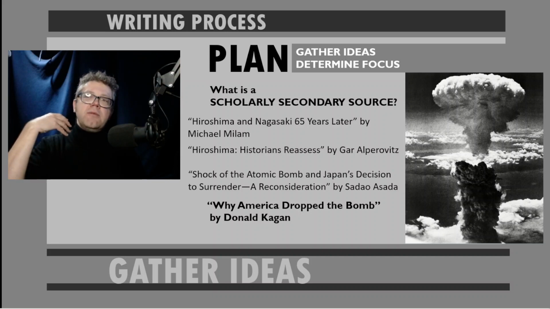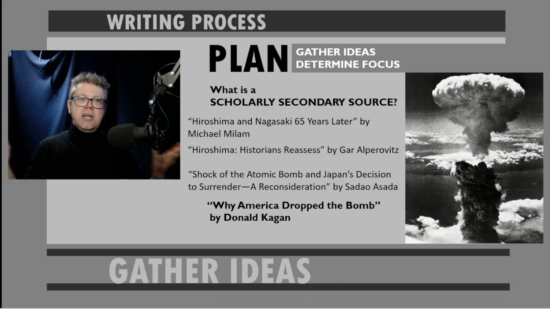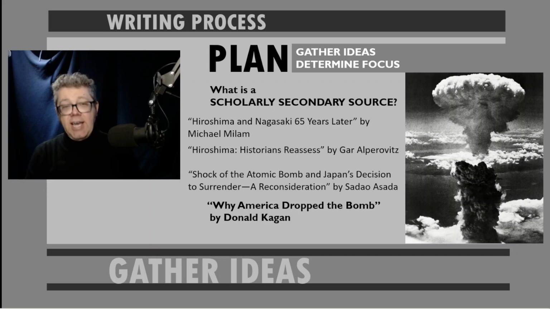Because if you jump straight to I say right after you read Gar Alperovitz, and many of you did this, you go, oh, those terrible Americans, they're such awful people. You know, I'm going to write my paper about how awful America is. Versus reading Milam, Alperovitz, and Asada, well, it's a different paper that emerges.